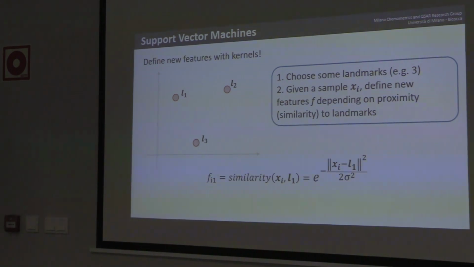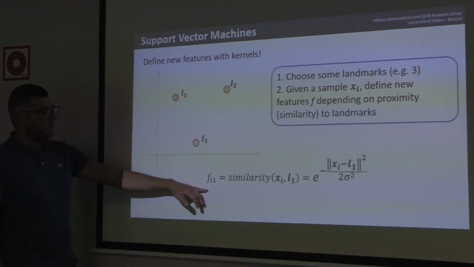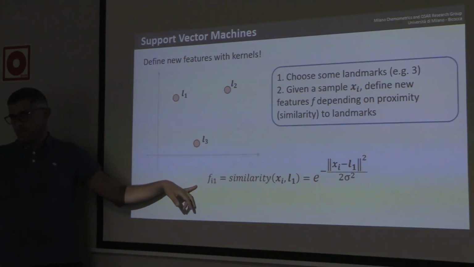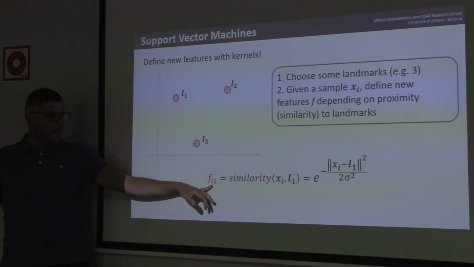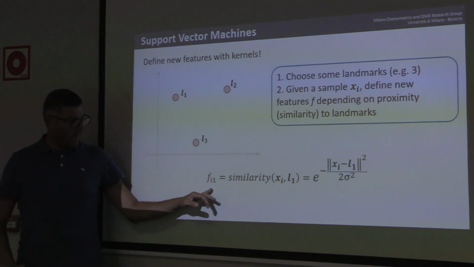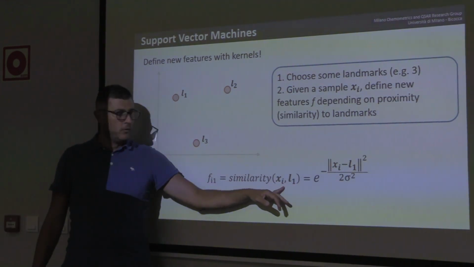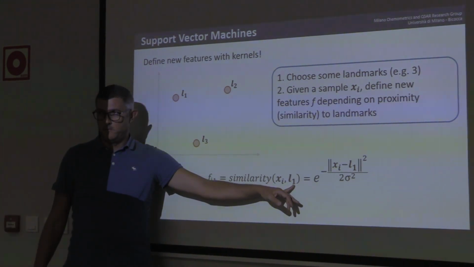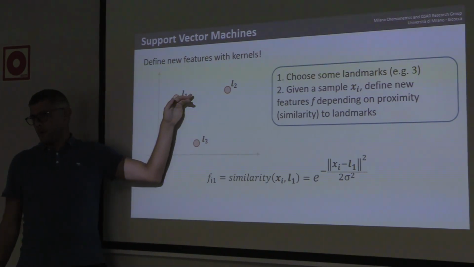So, this is the first new feature we have, F1, for a given sample. Which is the similarity of this sample to what? To the first landmark.